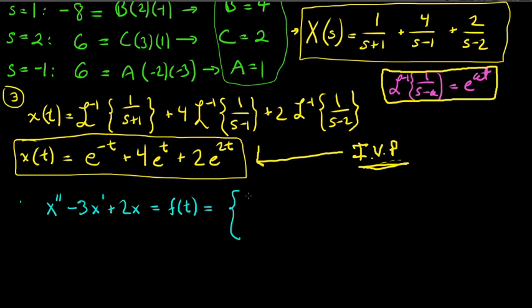So it might be, let's say, t plus 2 if t is less than 3, and sine of 4t if t is between 3 and 5, and 0 if t is bigger than 5.